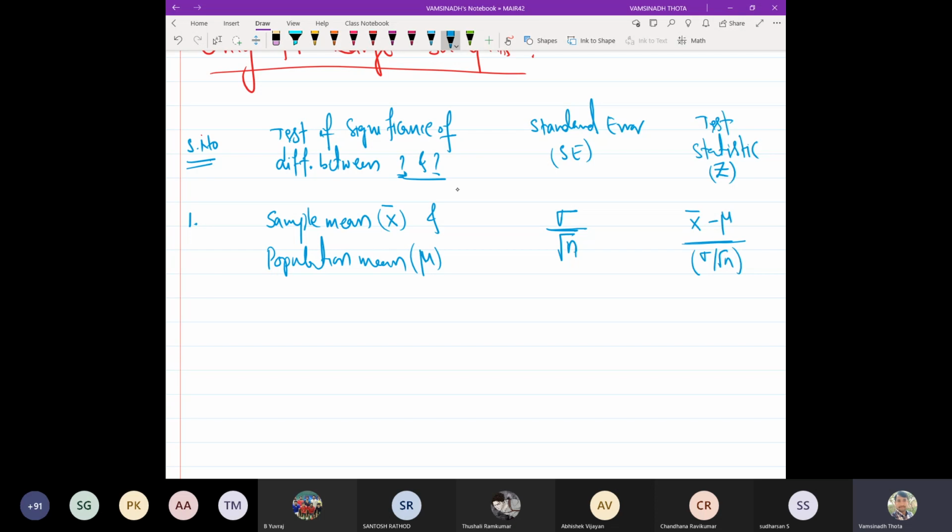This one we have already seen while discussing the central limit theorem. Now, the second one. This one also we have seen: testing the significant difference between two samples.